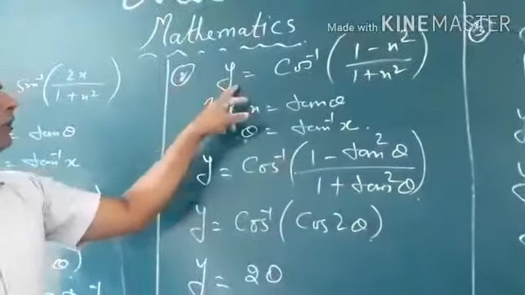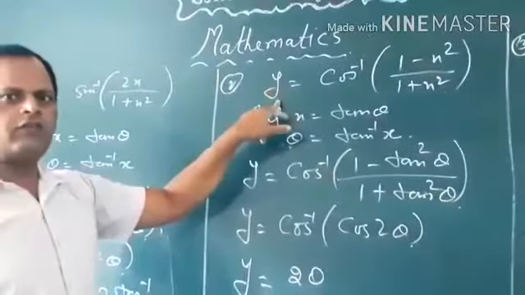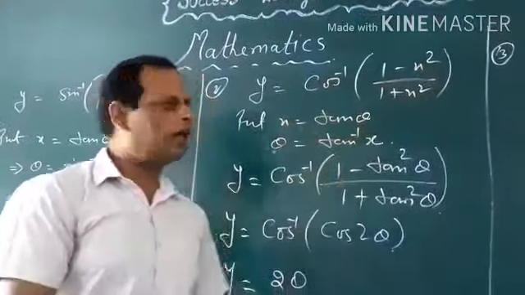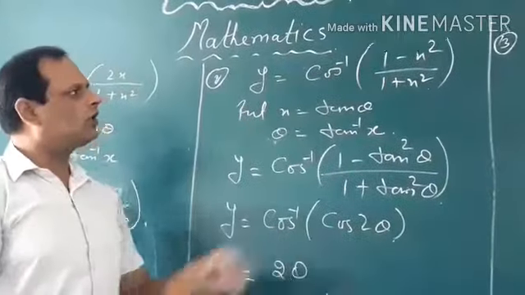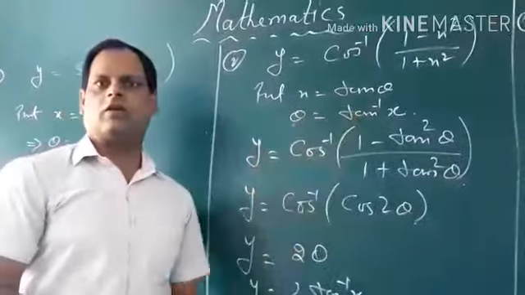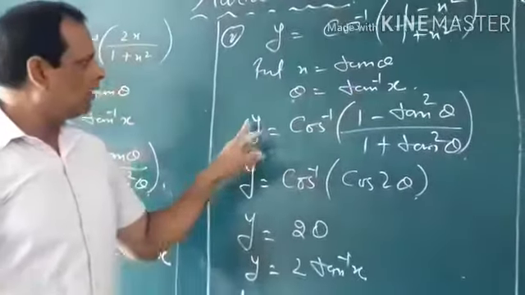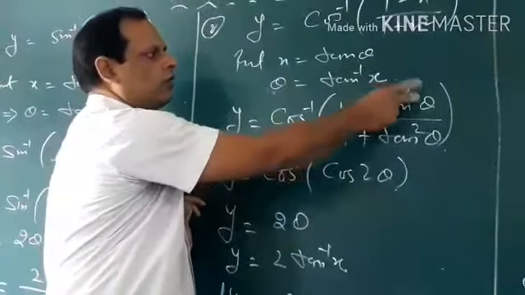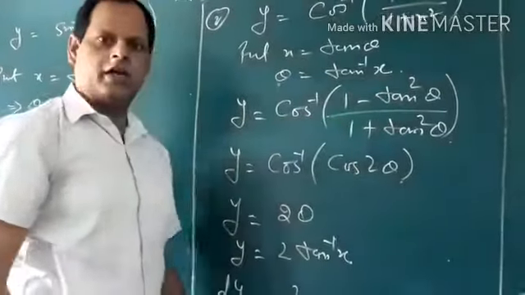Now in the second example, the function is y equal to cos inverse 1 minus x square upon 1 plus x square. Again we substitute x equal to tan theta, theta equal to tan inverse x. After substituting we see cos inverse 1 minus tan square theta upon 1 plus tan square theta.